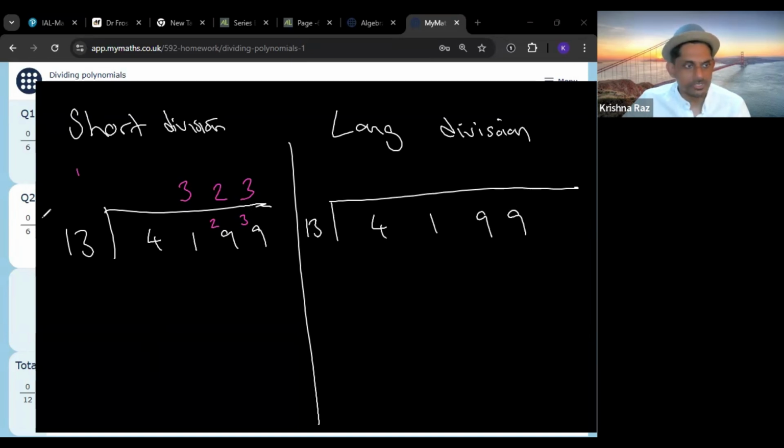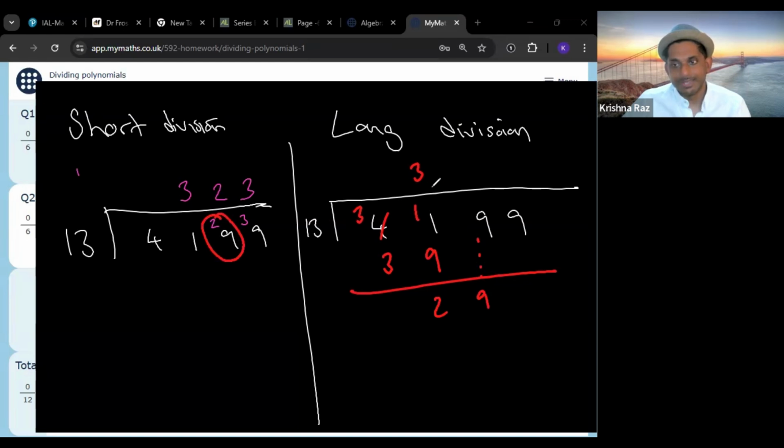With long division, same question, but 13 goes into 41 3 times, and then we generate the remainder by doing what 3 times 13 is and writing it out. So when we subtract there, we get 2. The next question we have to ask ourselves is how many 13s go into 29, like we did here? Again, the answer was 2.